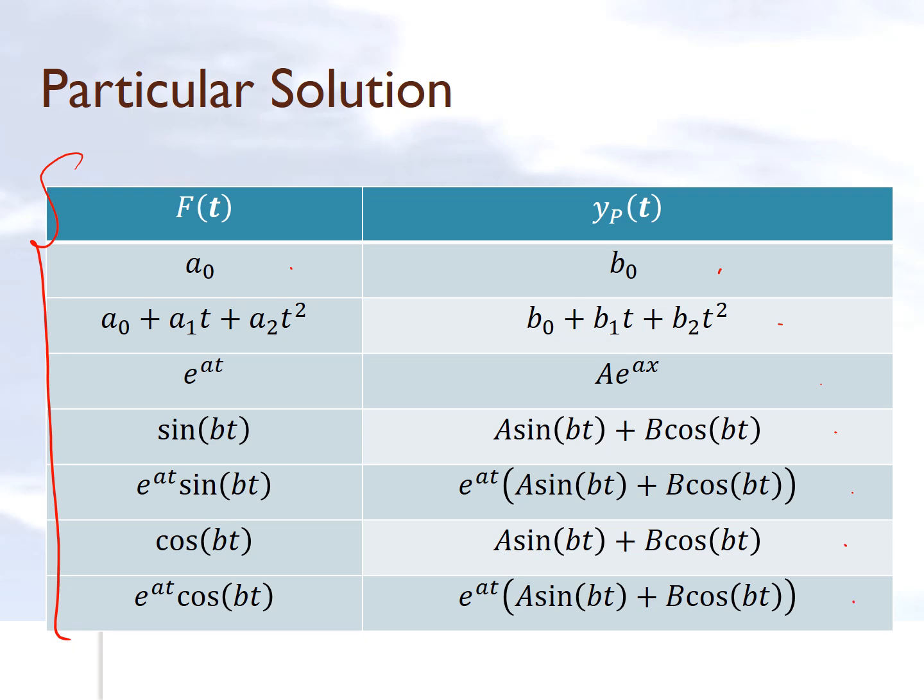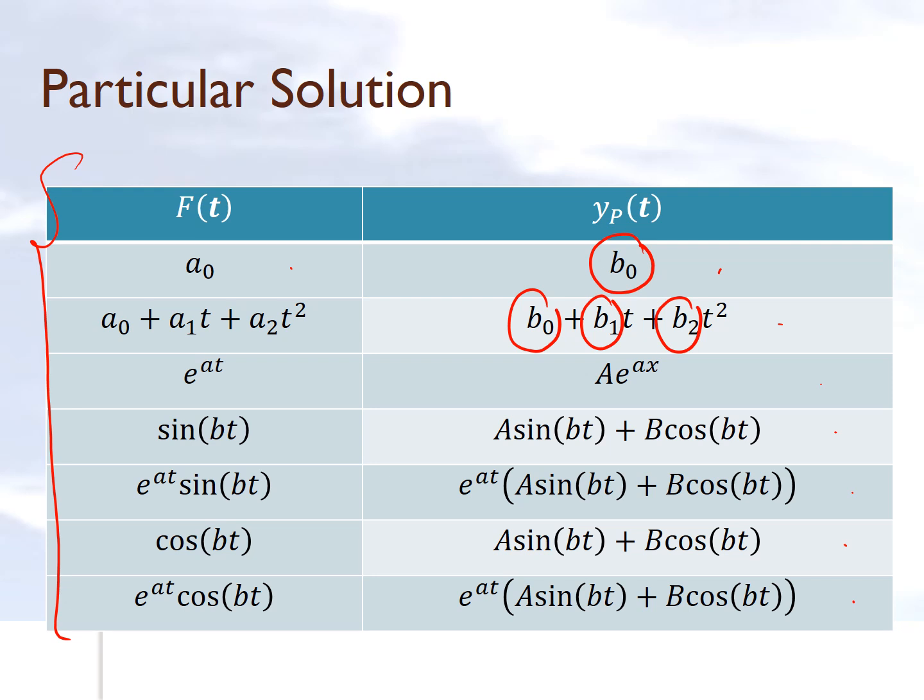You can see that the particular solution has some unknowns. We can use that proposed solution, substituted into the differential equation, in order for us to solve for those unknowns.